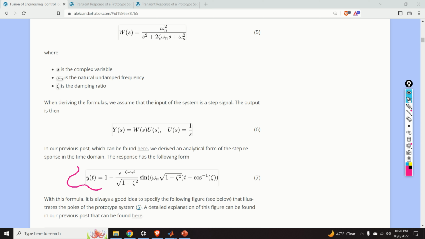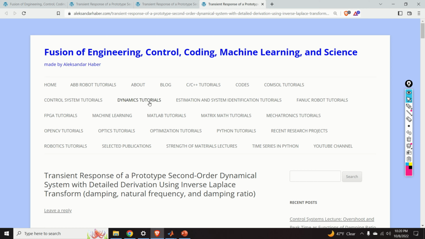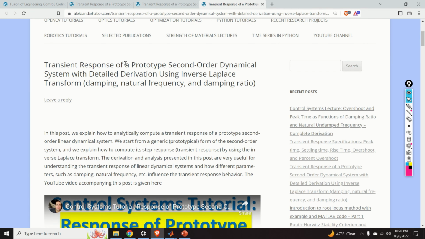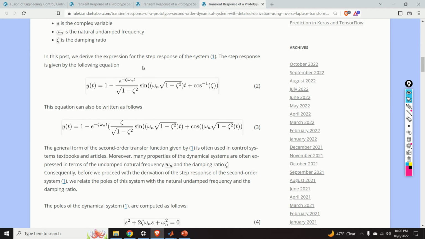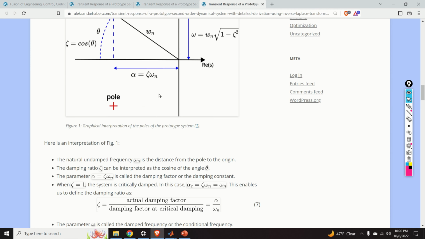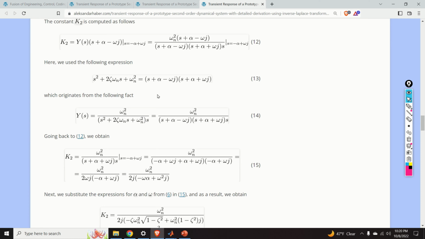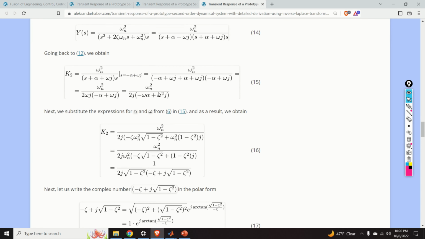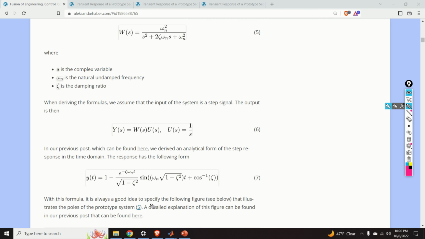However, if you want to know how this equation is derived, you can click over here, and this link will lead you to another lecture and another video I created that explains in detail how to derive the analytical formula for the step response. This video contains all the derivations and all the equations and graphs. Okay, so let us go back to our formula.